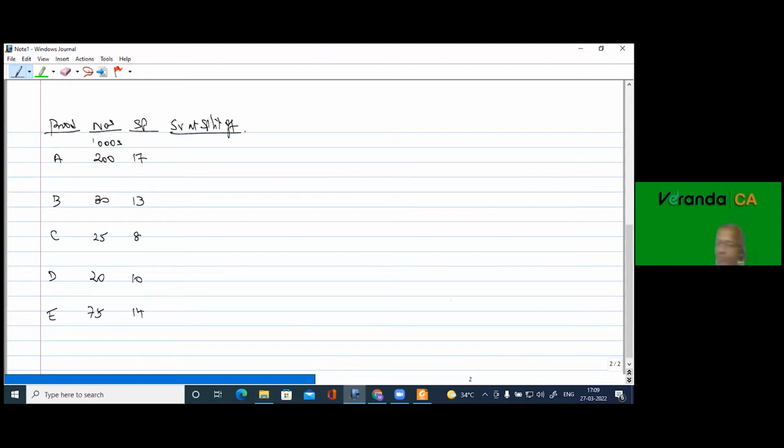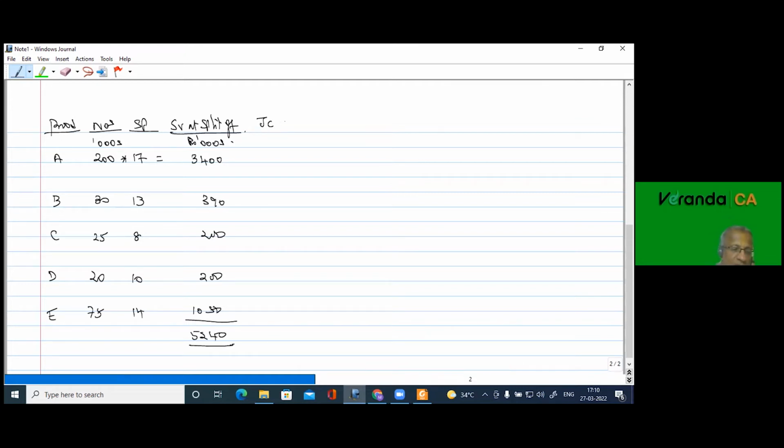Sale value at split off point, in thousands, is 200 into 70, 34, 13 into 30, 200, 200, 75 into 40. That is 1050, so 1050 plus 400 plus 390 plus 3400 comes to 5240.